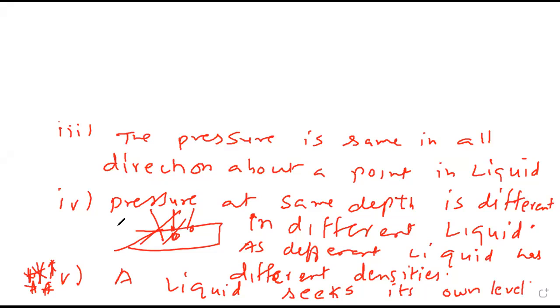A liquid seeks its own level. Completed. I'm explaining what is the meaning of liquid seeks its own level. Everybody has done all the 5 points. Okay, I'm clearing this to explain you the meaning. Suppose pressure, I'm just giving an example, is 100 Newton per meter square.